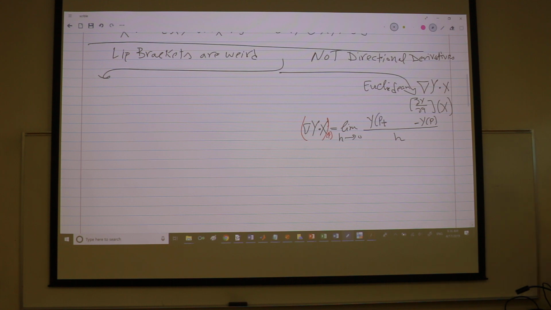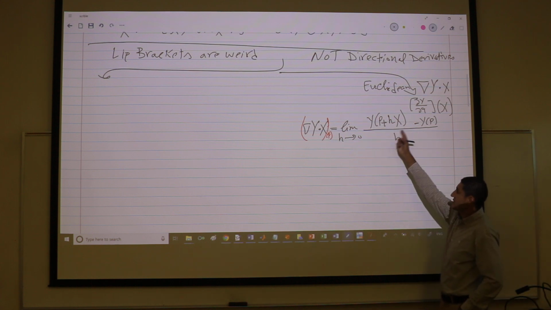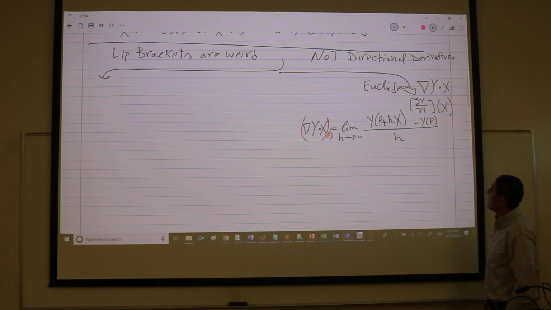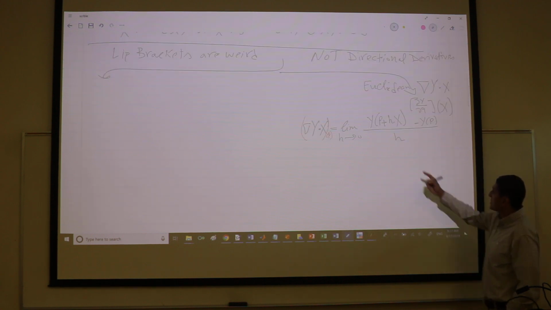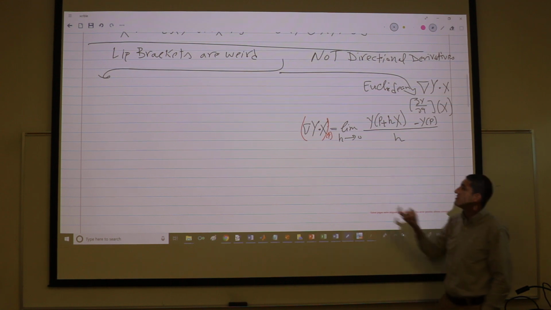So what's this thing? h times x. Very good. I will perturb P in the direction of x. And this is okay in Euclidean coordinates, although it's not rigorous enough because I'm adding a velocity to a point.